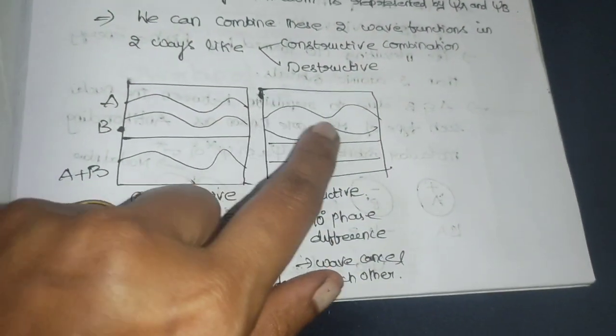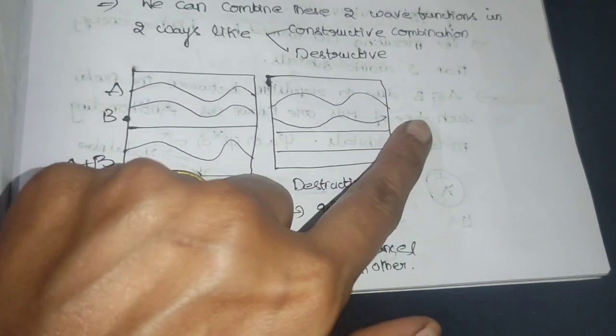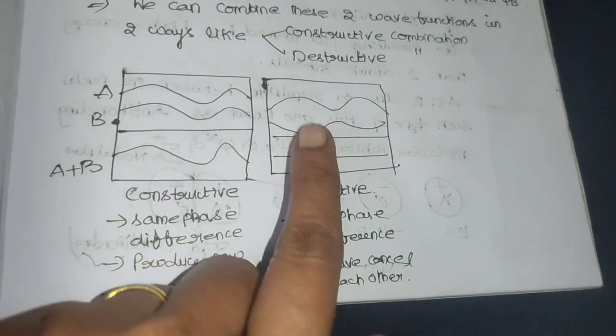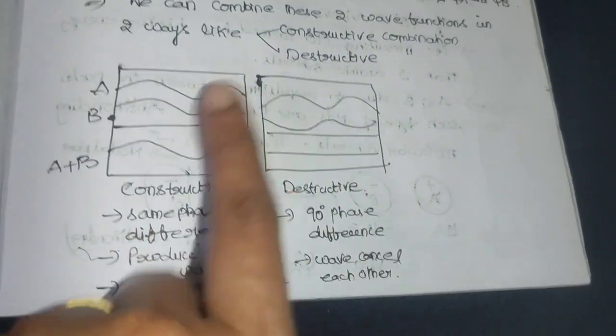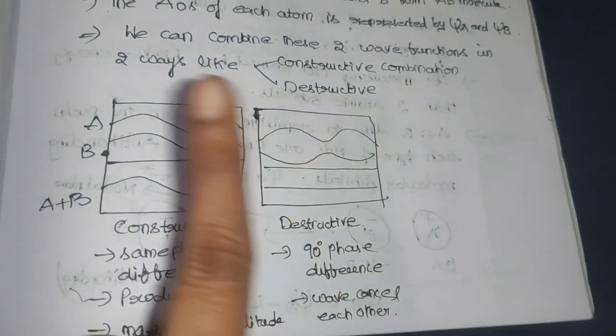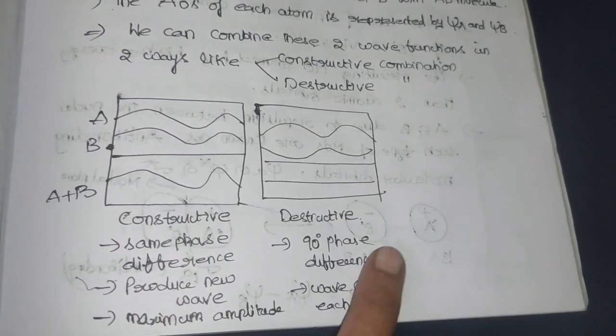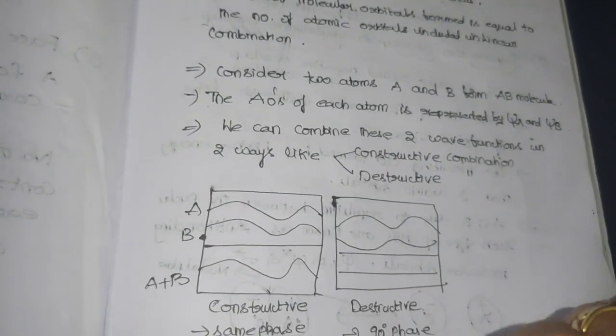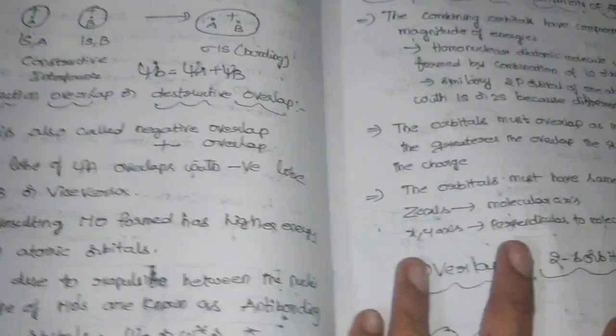These have a phase difference. We can see here they have two waves with different phases. So what happens? They cancel each other to form a line. So this is a destructive combination and this is a constructive combination. These are the two types of combination taking place in a linear combination.